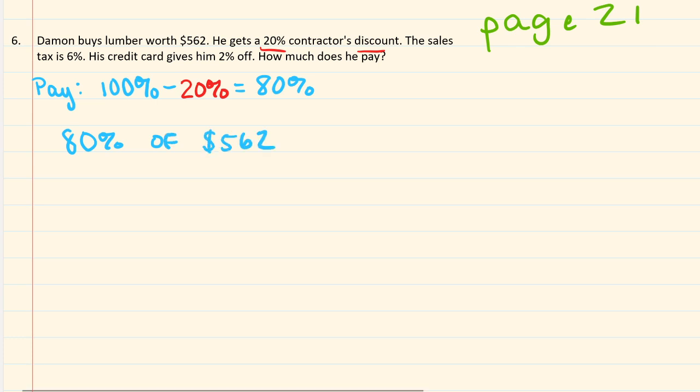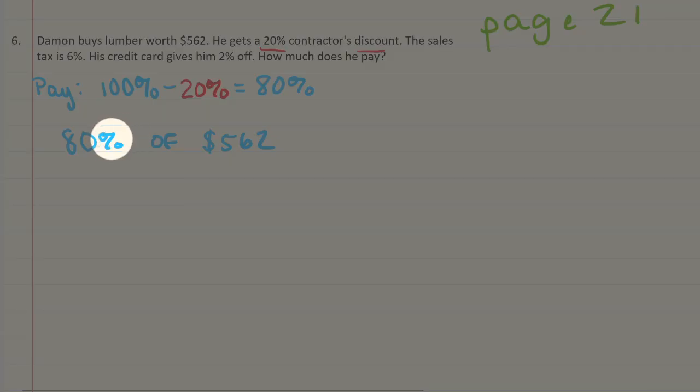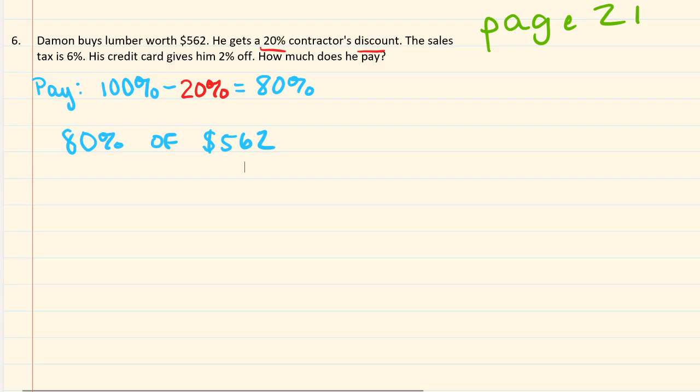So in the last video, if you watched it, I mentioned that the word percent actually means divide, and cent, like century, means 100. So this is not the number 80, it's actually 80 divided by 100, which is 0.8.